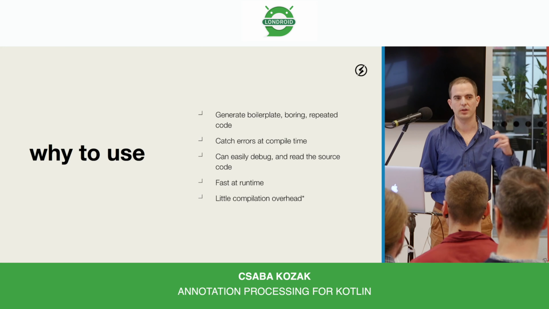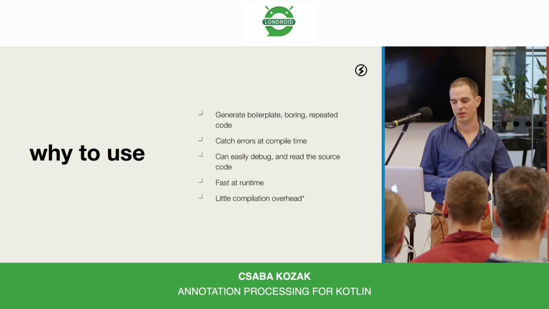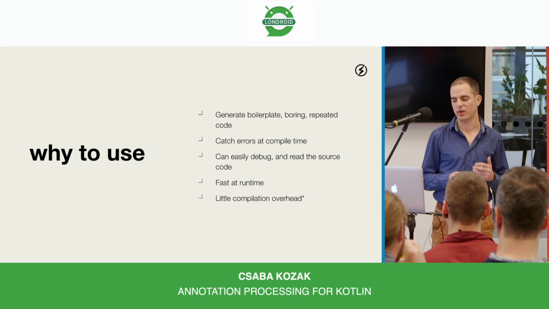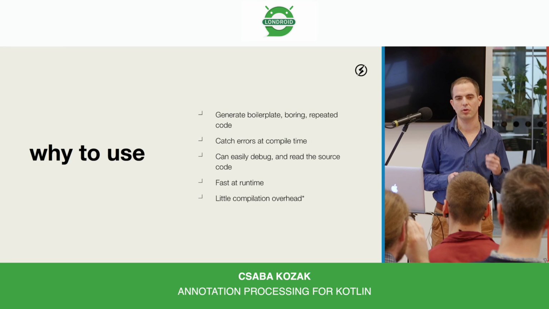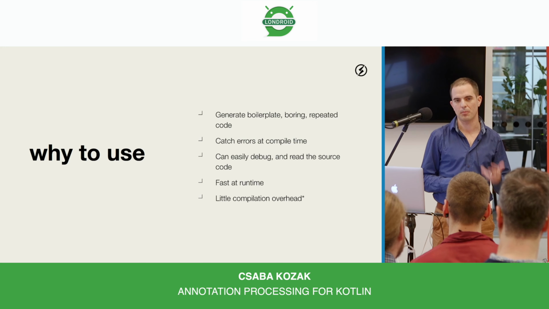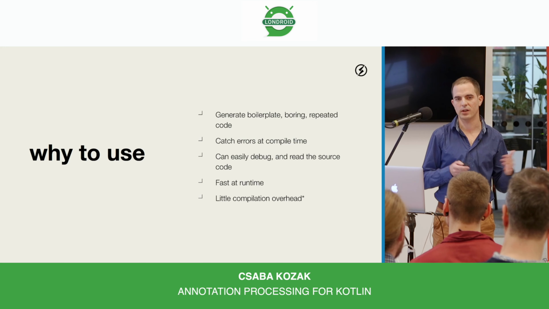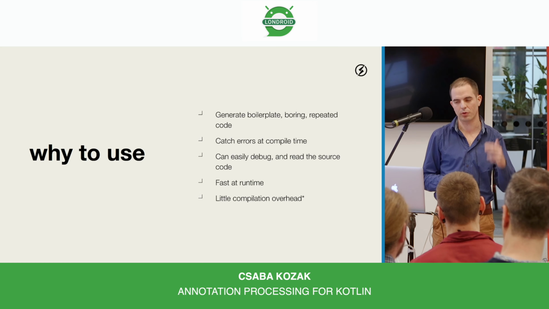They can just annotate the code, and the annotation processor will write the real code behind them. Also, it is very good because you can catch errors at compile time. If you make any errors using your annotations, the annotation processor can check those annotations and place compiler errors on your code. This way, these kinds of errors will never reach your users because your CI or your compiler will fail.